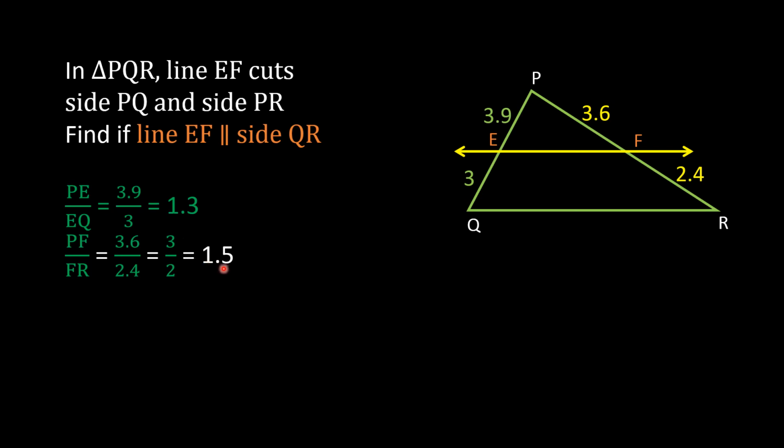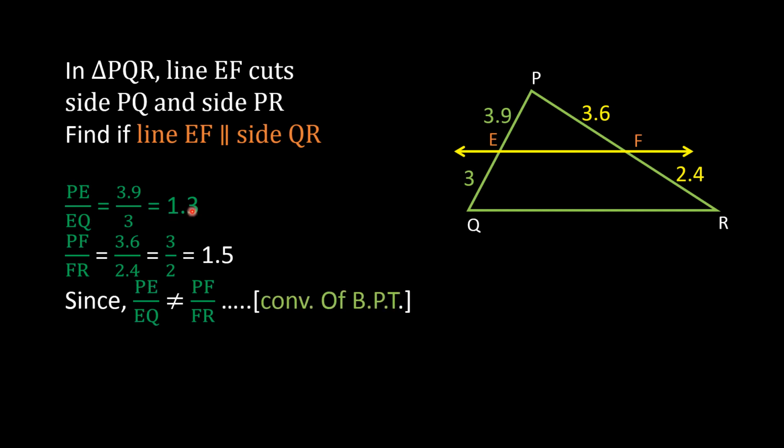Now here, since PE divided by EQ, which is 1.3, is not equal to PF divided by FR, which is 1.5, according to the converse of basic proportionality theorem, we can say that line EF is not parallel to side QR.